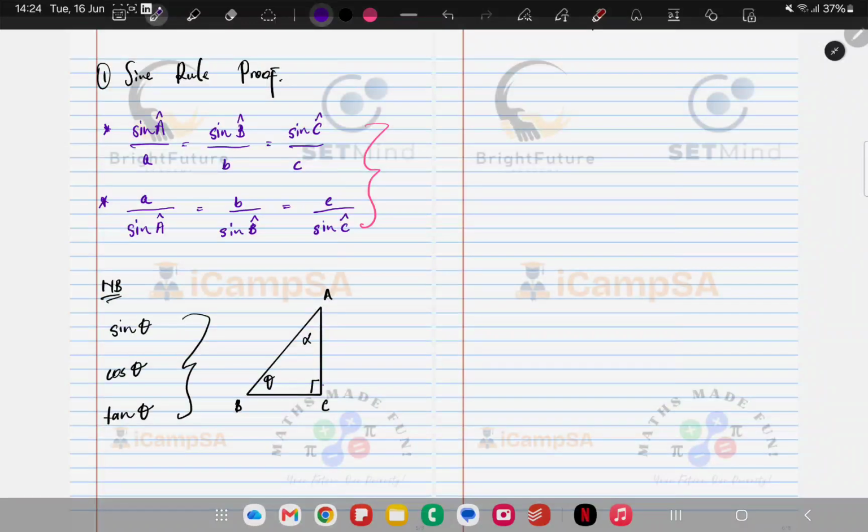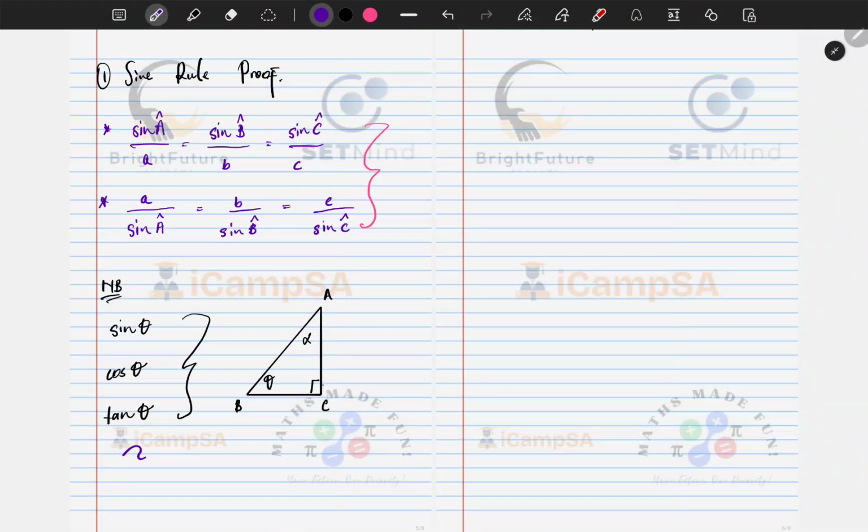So the first one is the acute-angled triangle, this is still sine rule. And the second one is the obtuse-angled triangle.